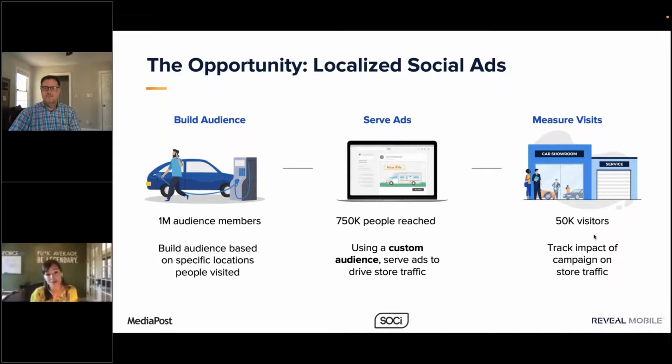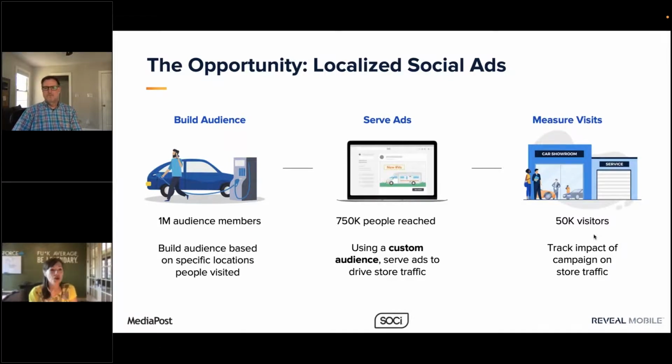If you pick that objective in Facebook ads, it will allow you to customize your creative. You can pick whatever creative you want, but it'll allow you to customize that creative based on the consumer that sees it to show the appropriate location that's nearest them. So if I'm seeing an ad for Planet Fitness, I'm going to see the location nearest me.